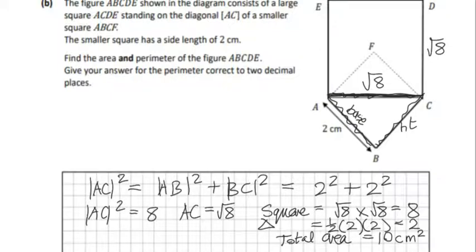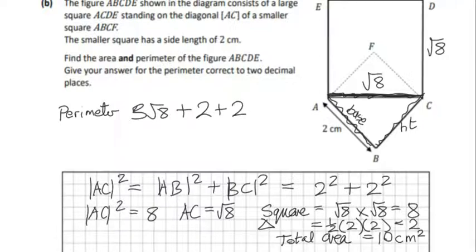All we need to do is work out the perimeter. So let's work out the perimeter up here. So we're going to have 4 by the square. No, we're going to have 3 square root of 8 because it's going to be an internal number. So we're going to have 3 square root of 8 plus 2 plus 2.